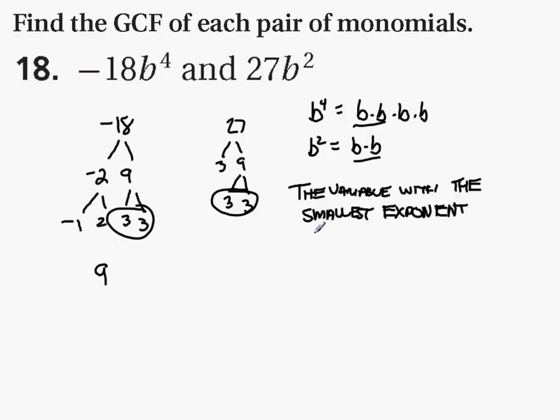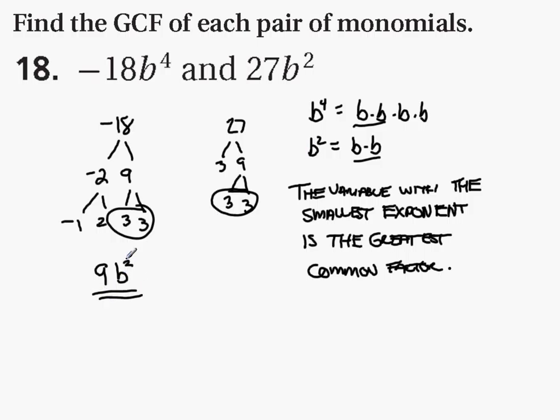The variable with the smallest exponent is the greatest common factor. So in this case, it would be b squared. So this then is the greatest common factor for this pair of monomials.